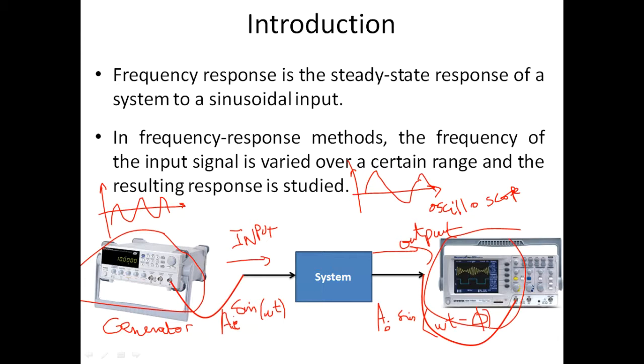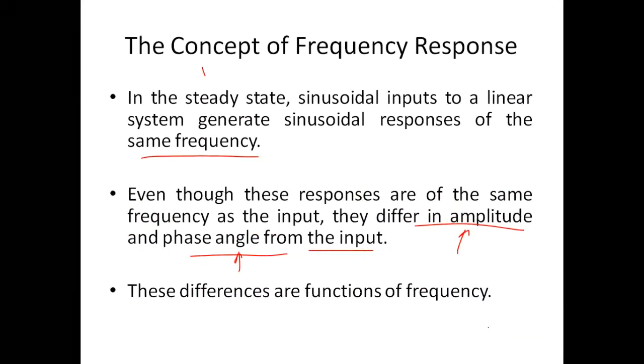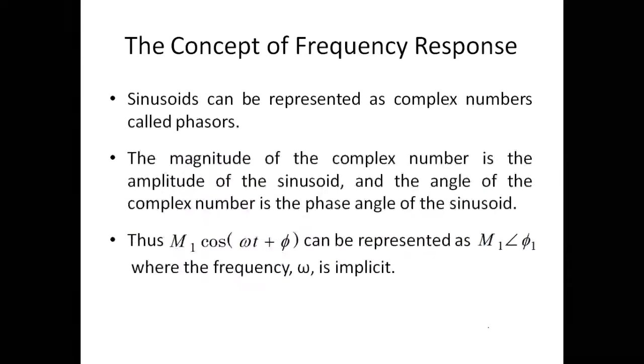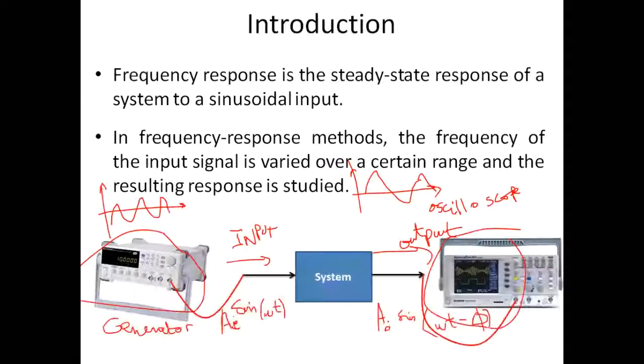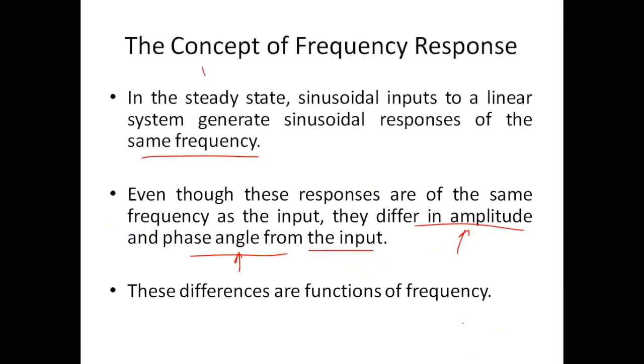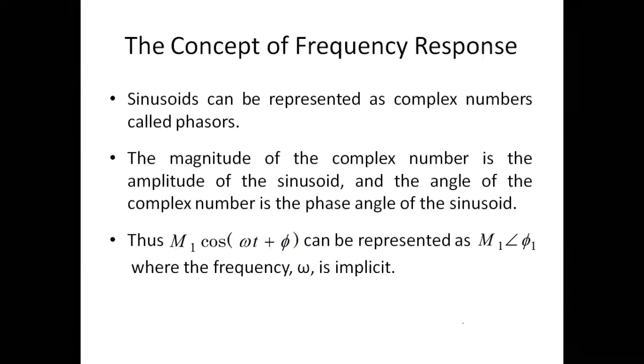There is a phase angle between the two signals, so these differences are functions of frequency. It should be plus phi here, because the output comes just after the input.